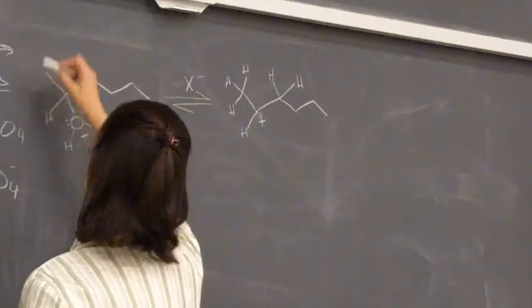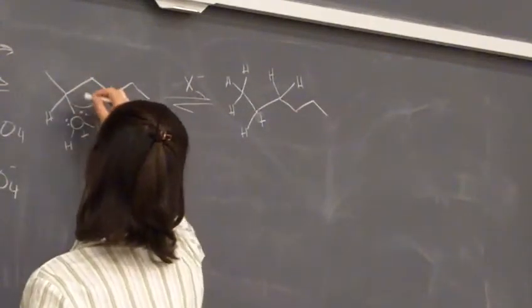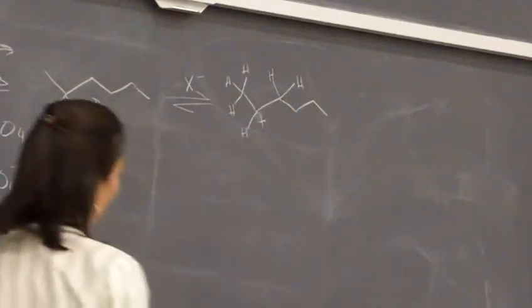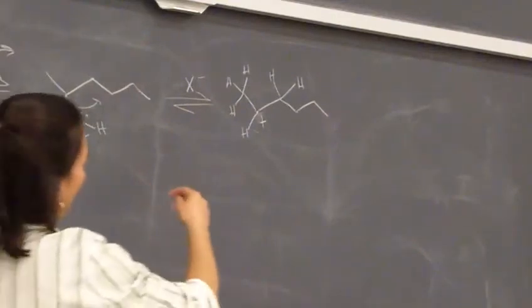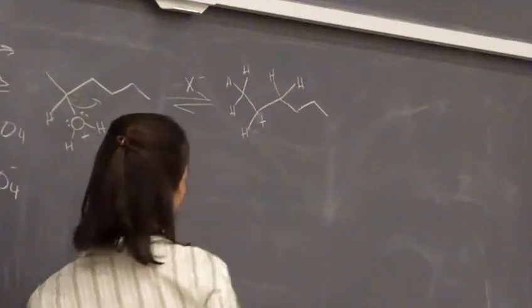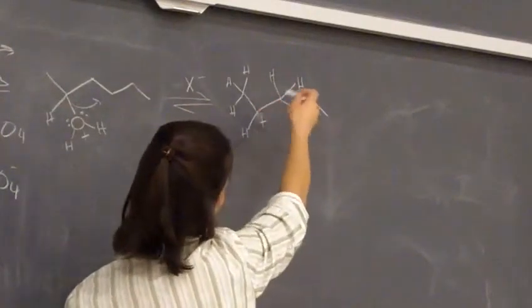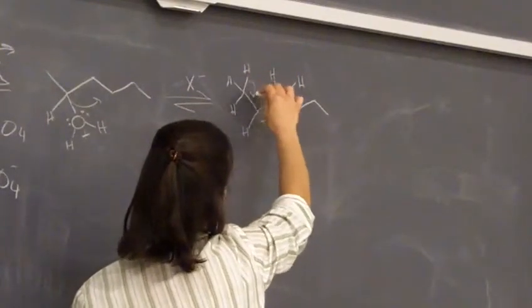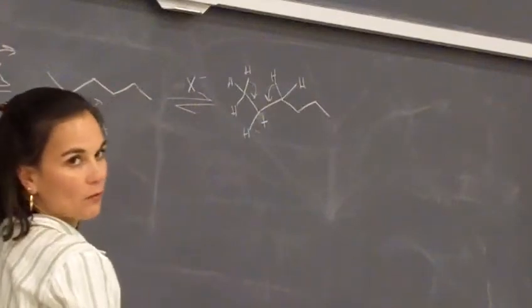So we've got the loss of water here, which is causing, now we've got a carbocation, in this case a secondary carbocation, and then we can use our conjugate base to lose one of these protons to then cause the double bond, and it can come from either direction, okay? So we can lose a proton here, we'll form a double bond here, we can lose a proton here, we can form a double bond there, okay?